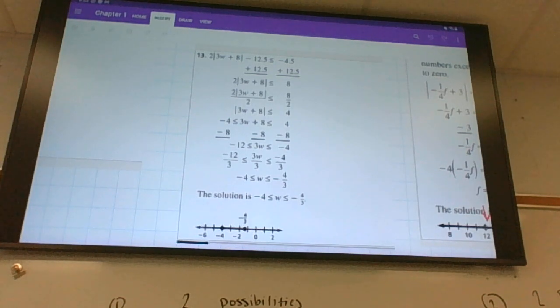Anybody have a question about what they're looking at in 13? They're showing the work here a little different than I do. They put it right in the middle.